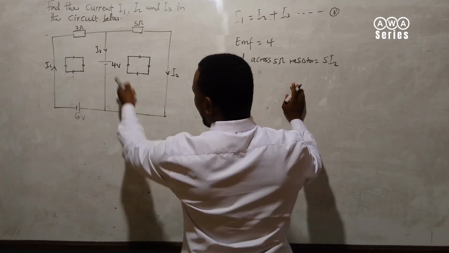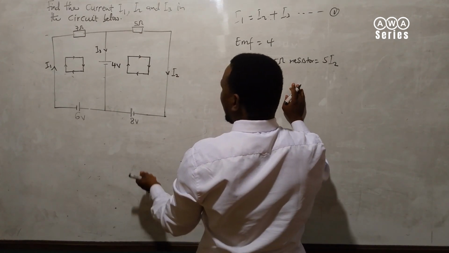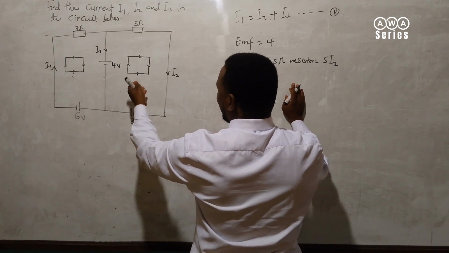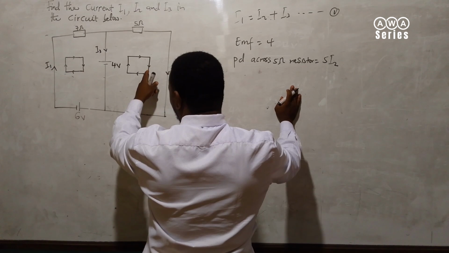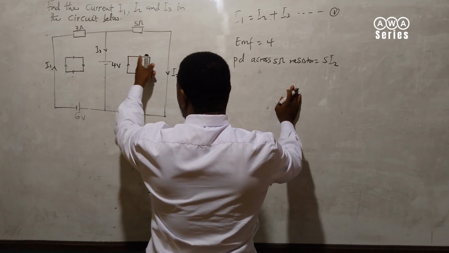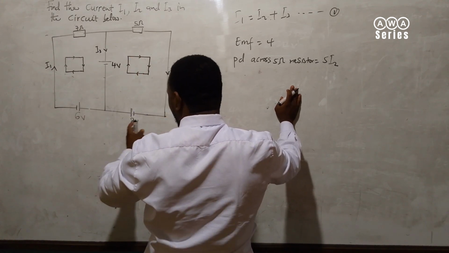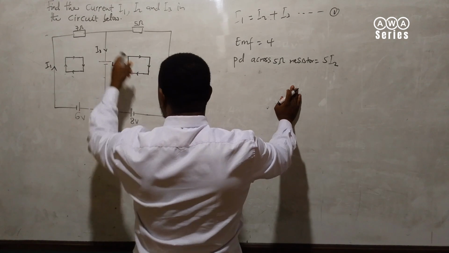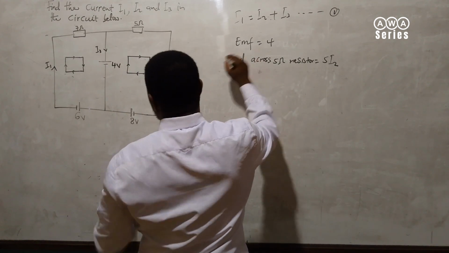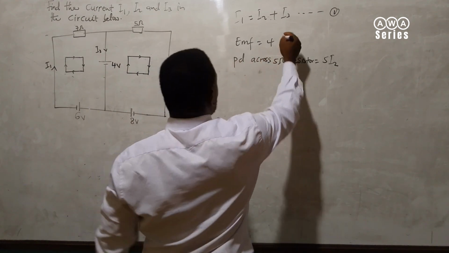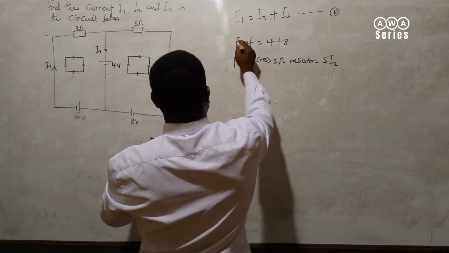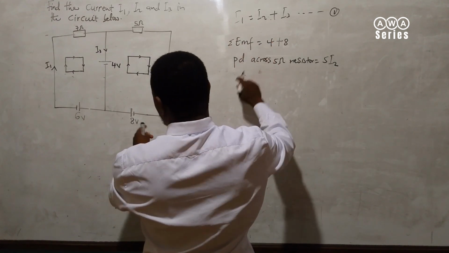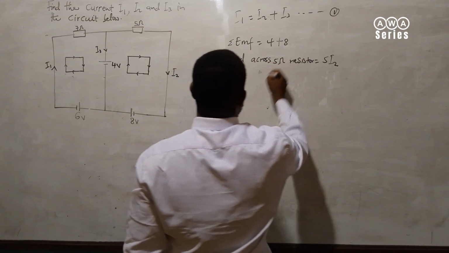Basically that's all. There's no other potential difference there. Everything is very simple. If you look at the direction of the current, it moves just like the direction of the loop. Look at the arrow, they move this way. So everything here goes from negative to positive. So your EMF is actually 4 plus 8. Sorry, so here you add 8 to it. So the total EMF is 4 plus 8, which will give us 12.